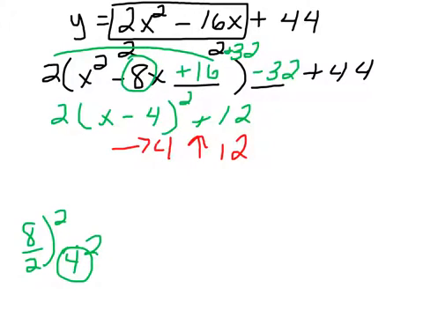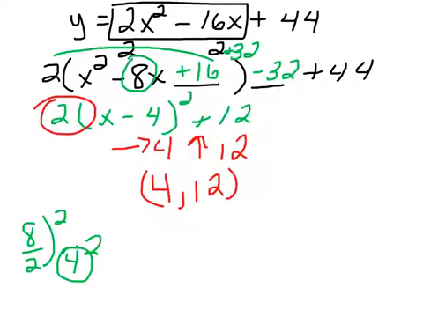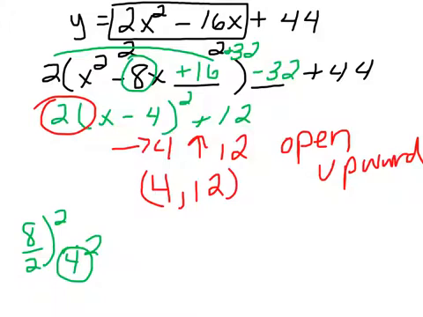Those are my horizontal and vertical shifts. My vertex is 4, positive 12. And I also want you to know that this 2 is telling me that it's going to open upward, because it's a positive. But the 2 tells me that it's going to get a little bit more narrow.